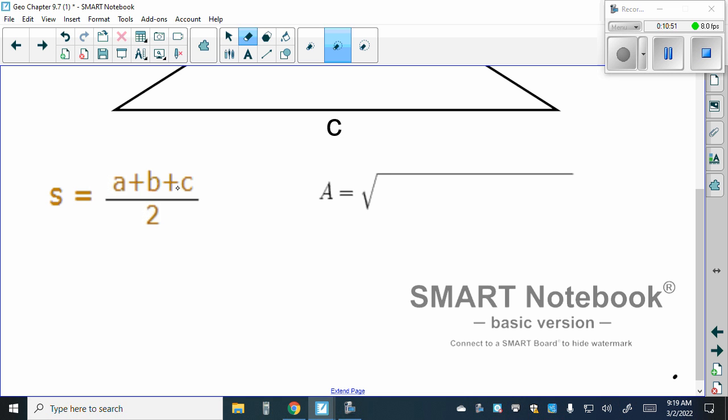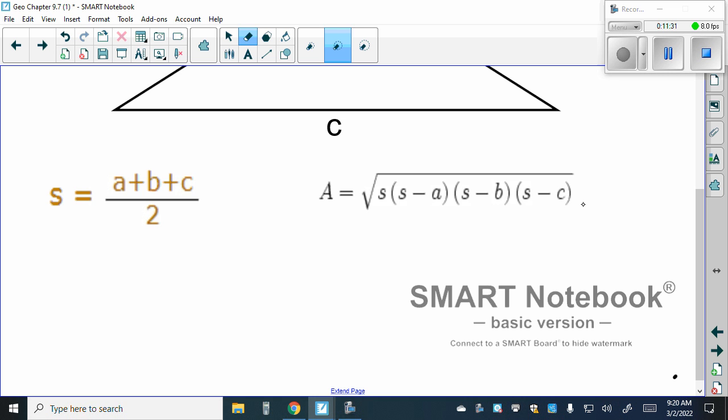Now to find the area, we're going to take the square root of the value of S times S minus A times S minus B times S minus C. And that's it.